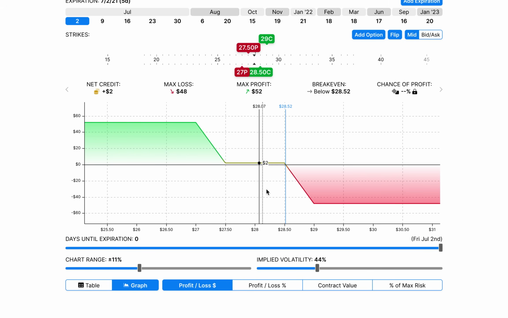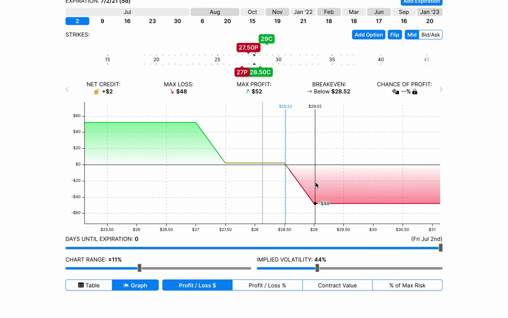Now, as long as it's under the strike of the call that we sold at $28.50, we'd still make a profit. We'd still make $2 here, as you can see. Anywhere from $28.50 to basically $27.50, we'd make $2. So we're making a premium there. Now, what we don't want to happen is for the stock to go above the highest strike, the strike of the call that we bought, or above, right?